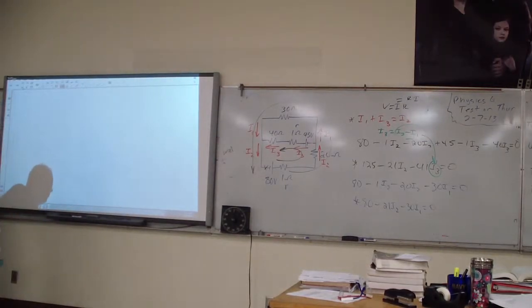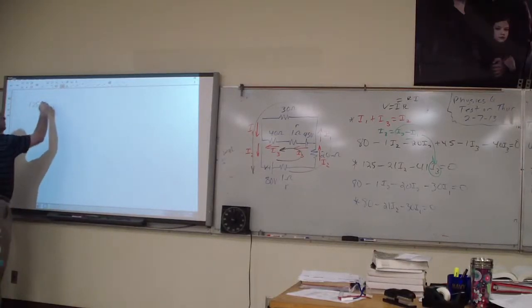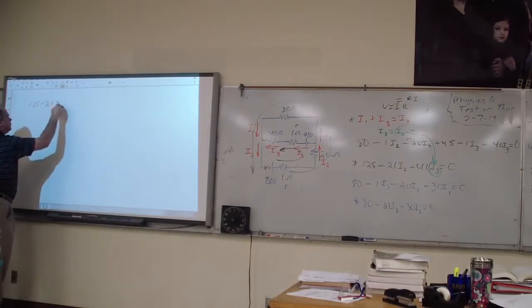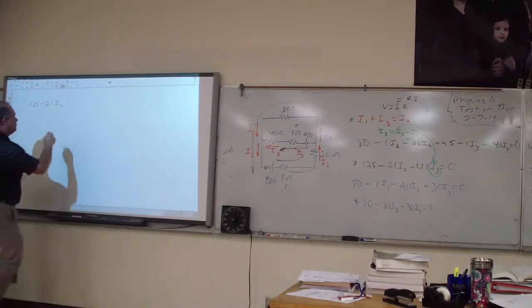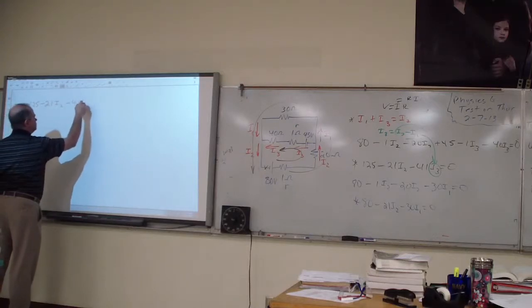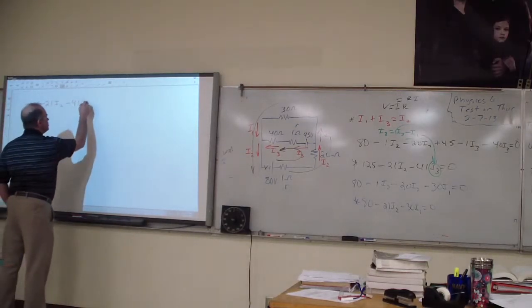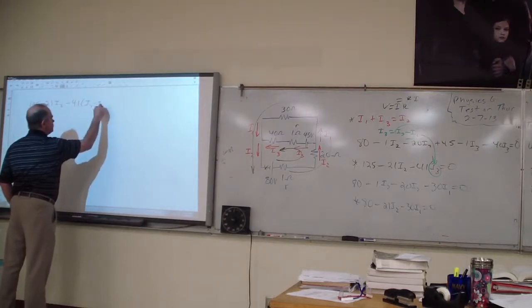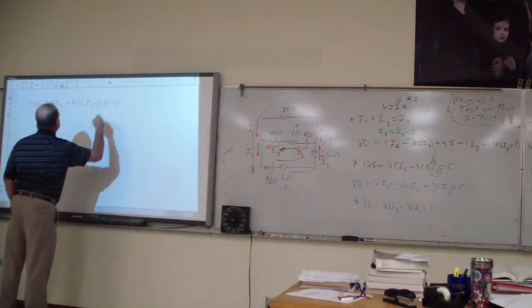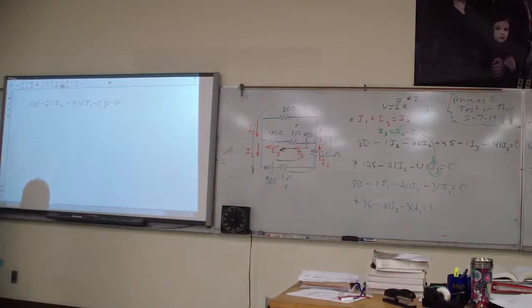All right, I'll rewrite that thing, so it'll be 125. And I'm going to write the other one down there. Let's just strip this out before I do anything else.